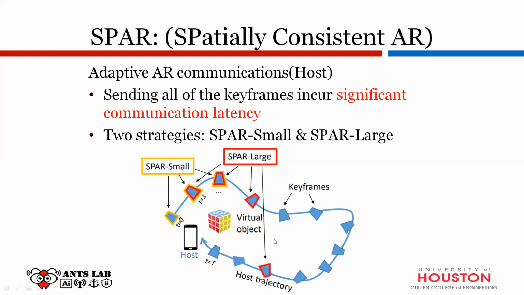If you just choose those that are close to the virtual object, you are limiting the spaces you send keyframes from, and doing so you can get a much better communication latency in sparse large. So that's why sparse large works better in a large environment. That is how they gave the explanation.